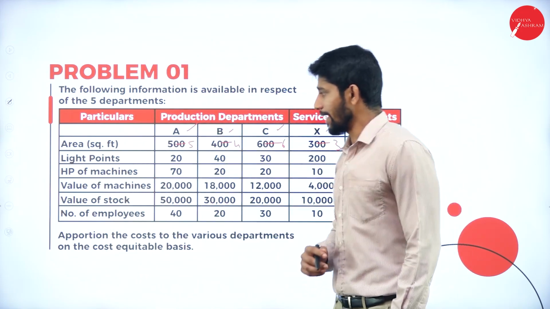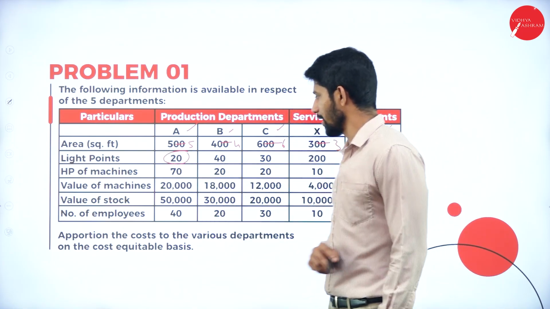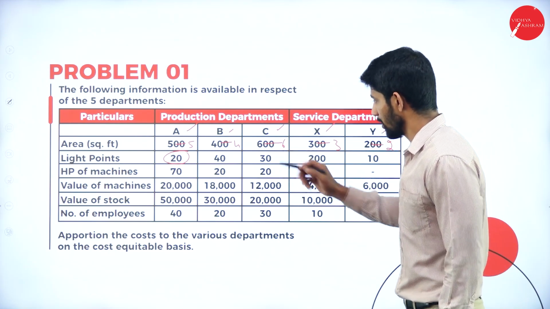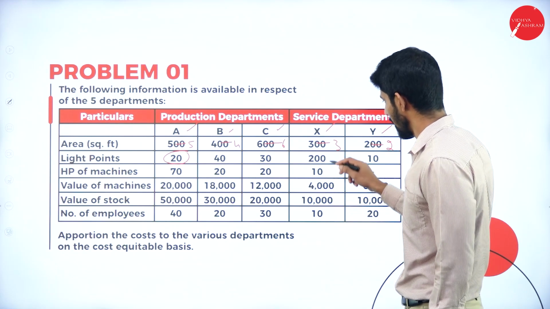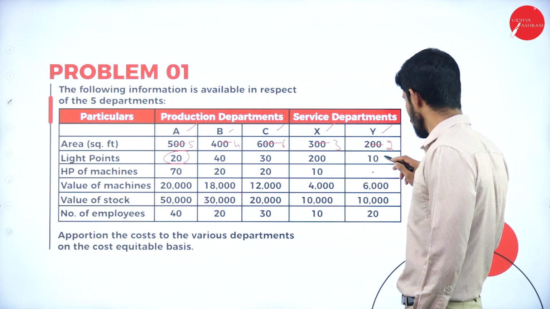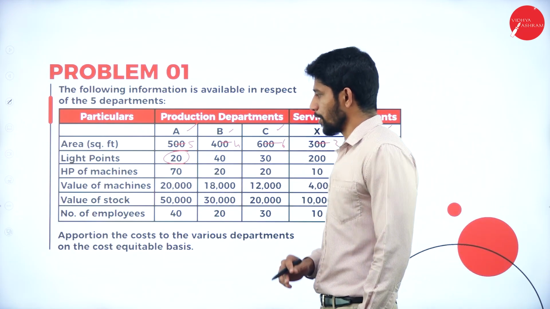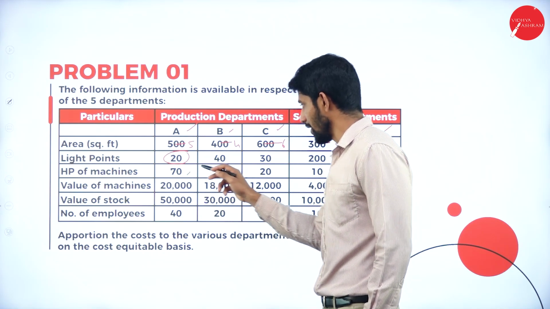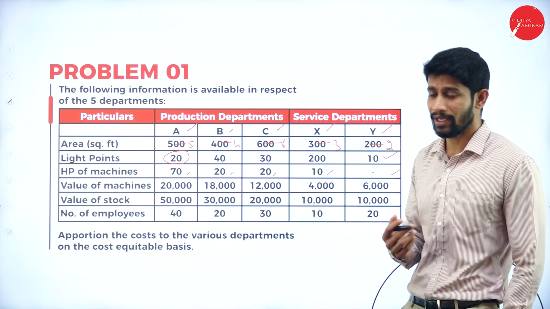Next, light points. In production department A, they have 20 light points. Here they have 40 light points. And in production department C, 30 light points. And service department X, they have 200 light points. And Y, they have 10 light points. Next, HP of machines: 70, 20, 20, 10 and service department Y it's nil.